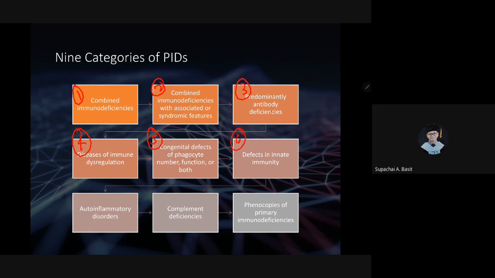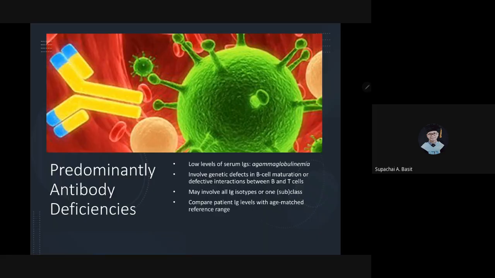Number six would be defects in innate immunity. Number seven is autoinflammatory disorders. Number eight is complement deficiencies. And number nine would be phenocopies of primary immunodeficiencies. So we will only be discussing some of the most common types of immunodeficiencies. To start with, let's start with predominantly antibody deficiencies.